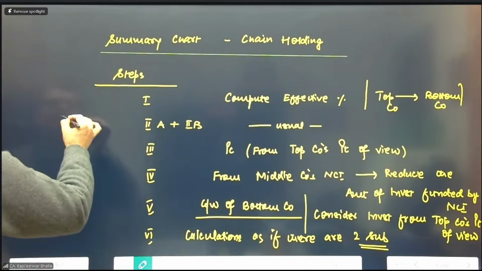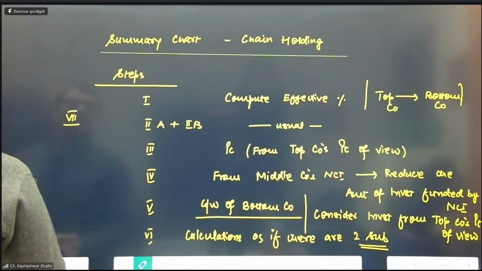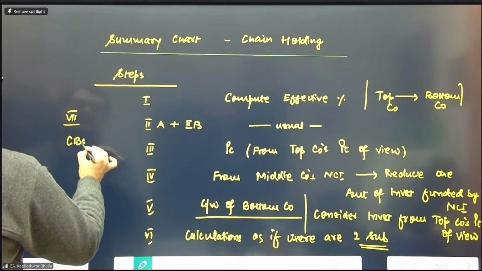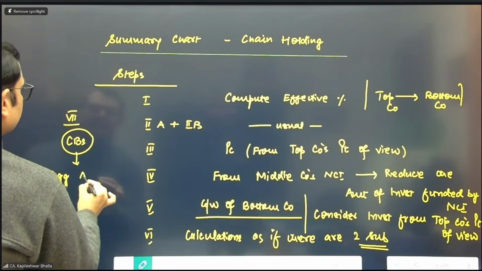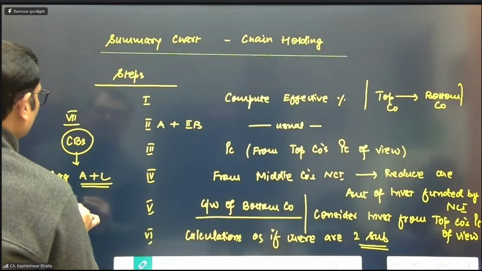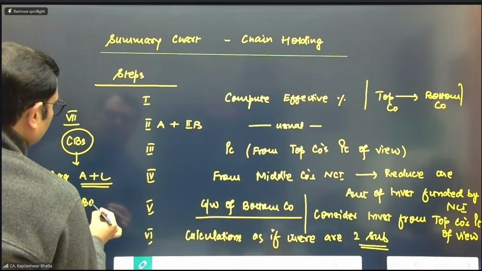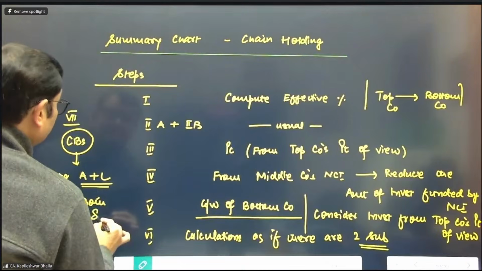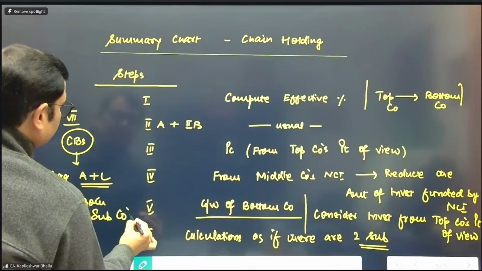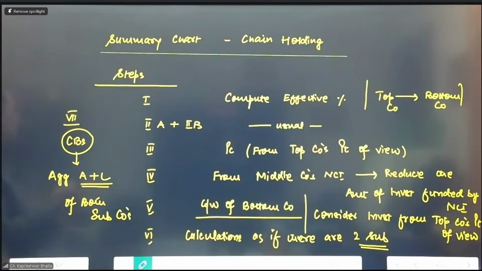And then finally, in terms of step number 7, we need to make a consolidated balance sheet and we'll aggregate the assets and liabilities of both subsidiary companies. I think those are the crucial elements which we need to take care of.